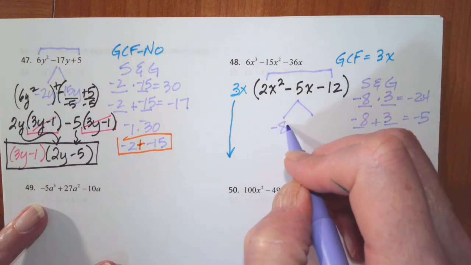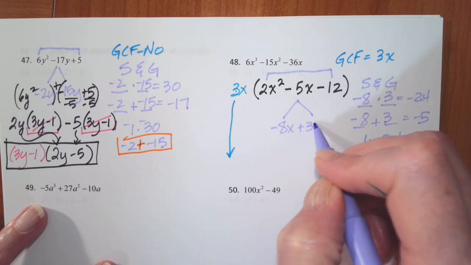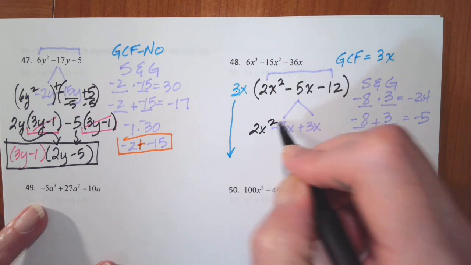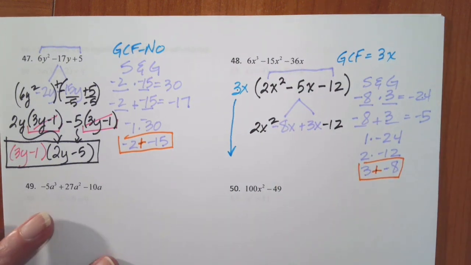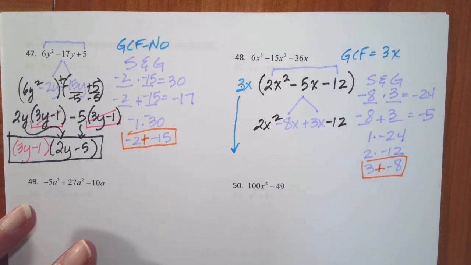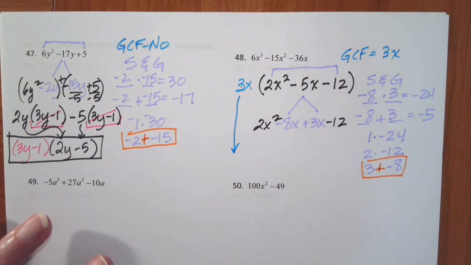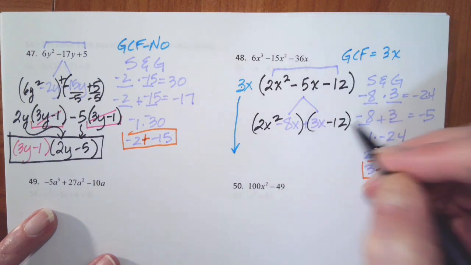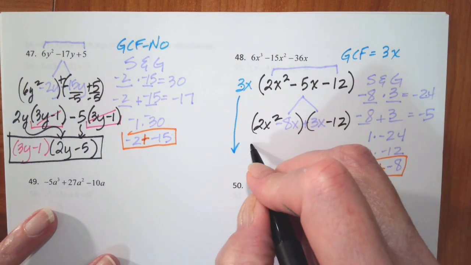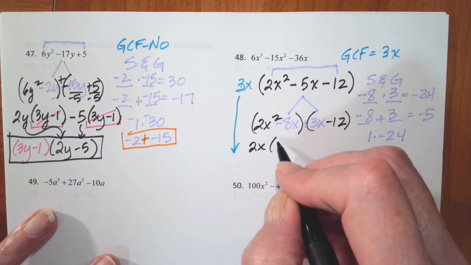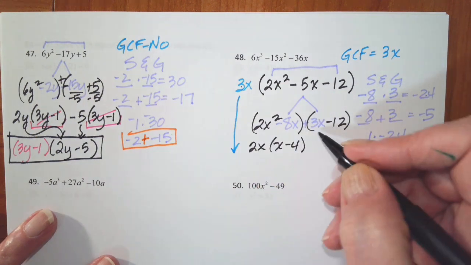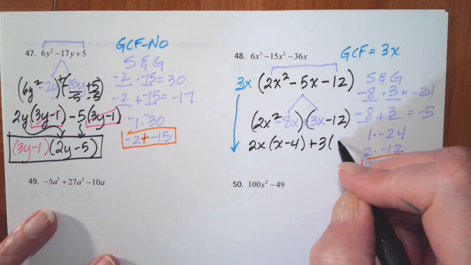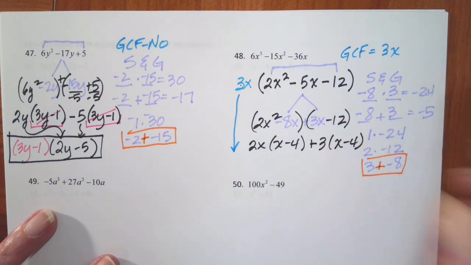So this gives me 2x squared minus 8x plus 3x minus 12. Plus sign in the middle, so grouping is not an issue. Greatest common factor here is 2x, and I'm left with x minus 4, plus greatest common factor here is 3, and I'm left with x minus 4.